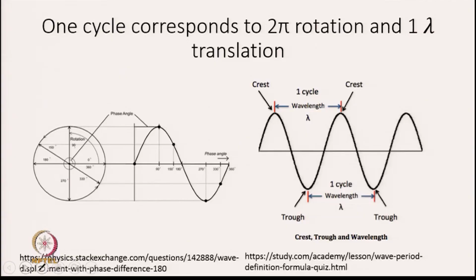Now, let us try to express the equation as a function of distance. We know that one cycle is equal to 360 degree phase, and we also know that for one cycle, the distance covered is lambda. So, basically 360 degree phase is equal to 1 lambda.